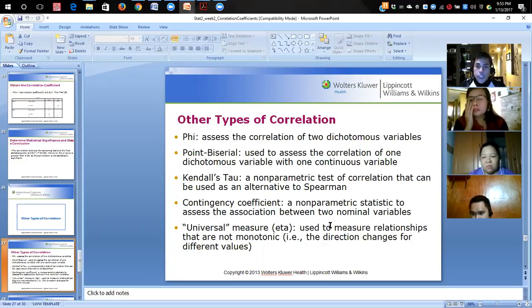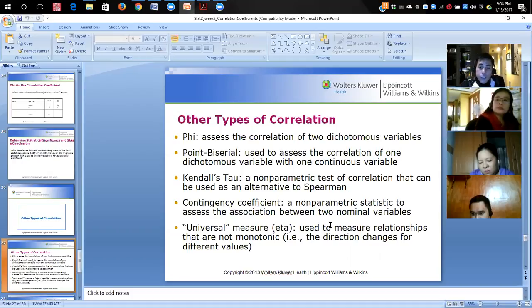So the other one is the ETA. It's the universal measure. You will see all of this when you go to SPSS and you look at correlation statistics. You will see all of these choices: the phi, the point-biserial, the Kendall's tau, contingency coefficient, and the ETA or the universal measure.